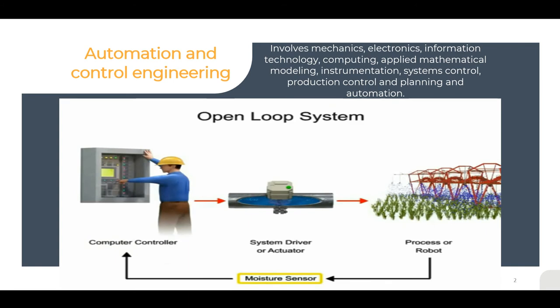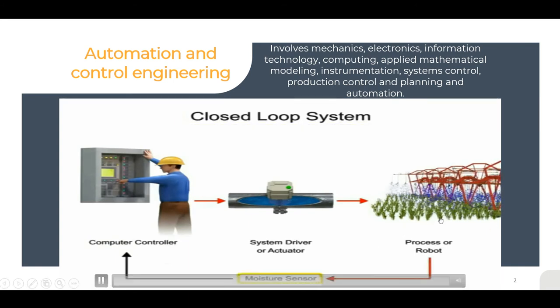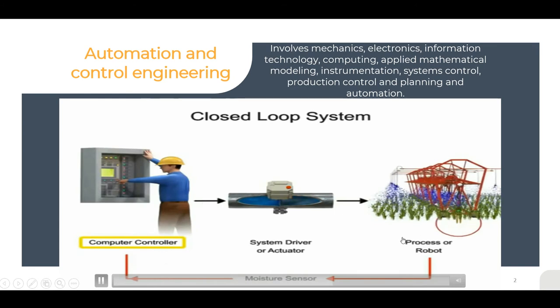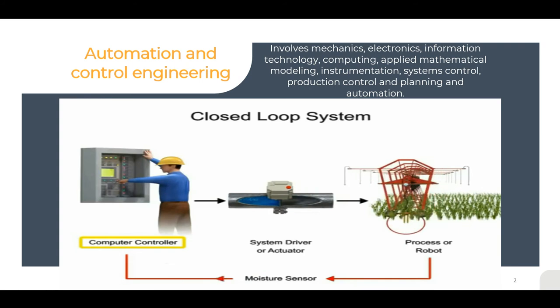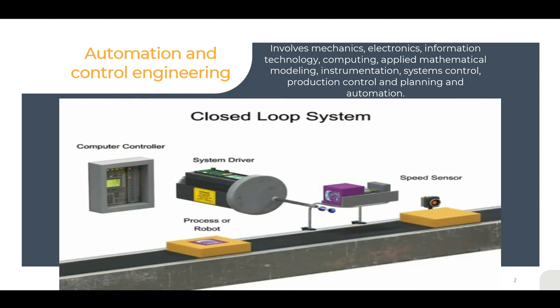Now let's add a feedback loop. We add a moisture sensor to our field, and the moisture sensor is now telling us there is enough moisture at this area. Stop pumping water. Water is saved, electricity is saved, and several other resources are saved. Let's now add a feedback signal to the packaging system.